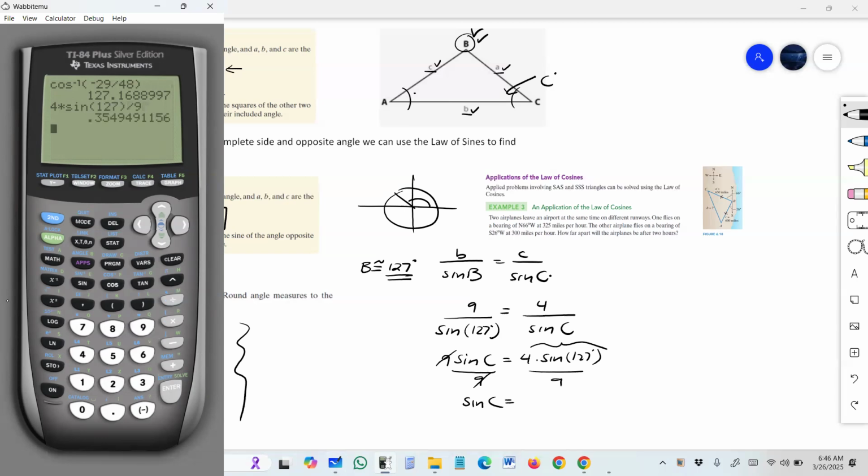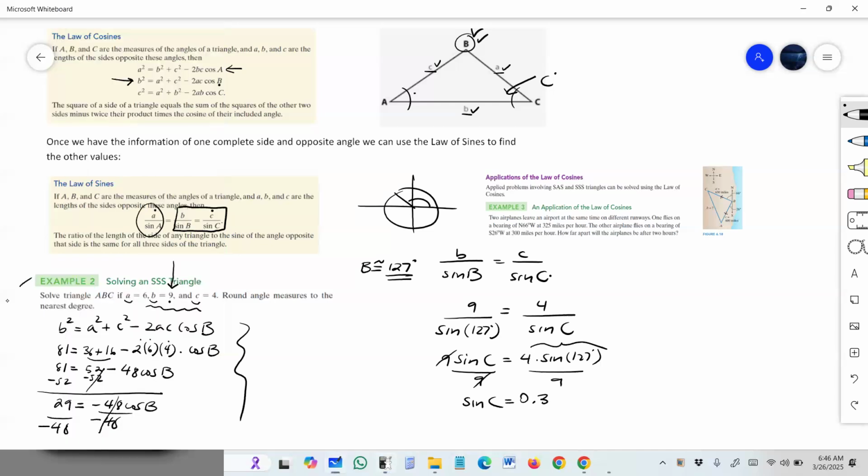And this is 0.3549. Again, how do I find the angle C? Well, by the inverse property, right? So sine inverse of 0.3549.